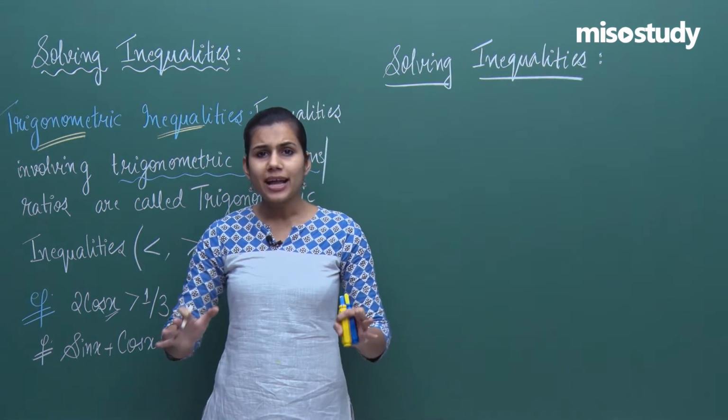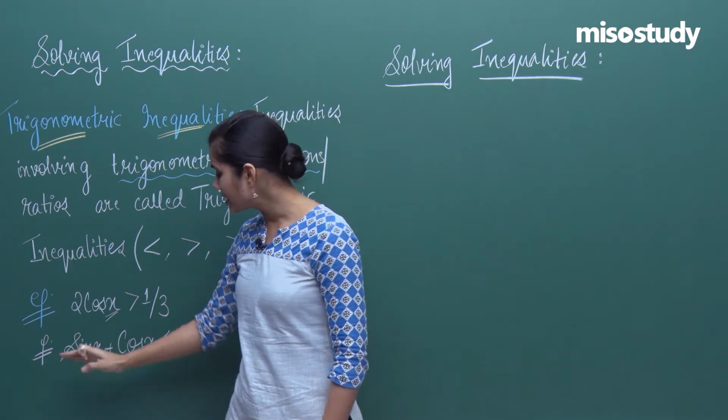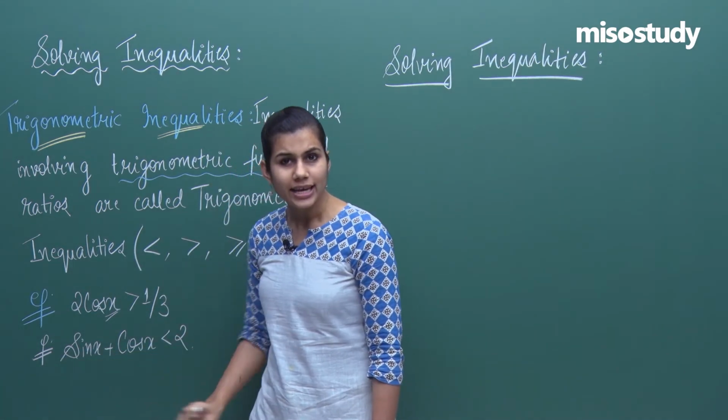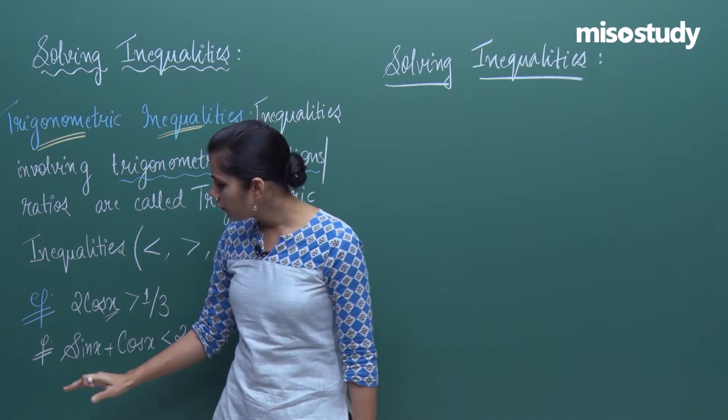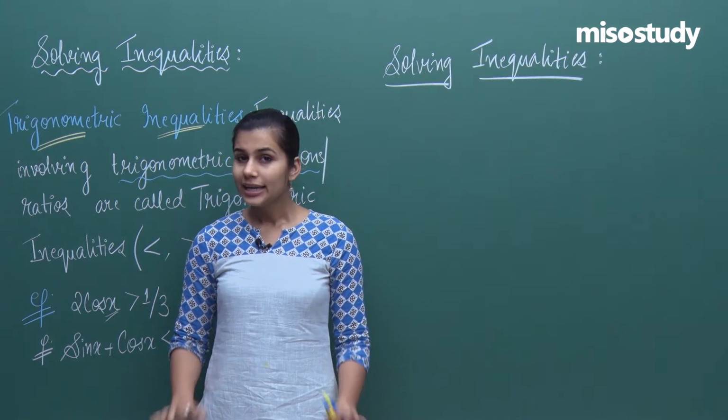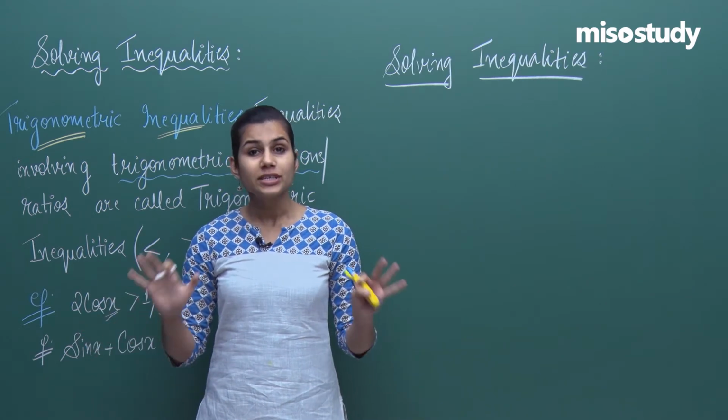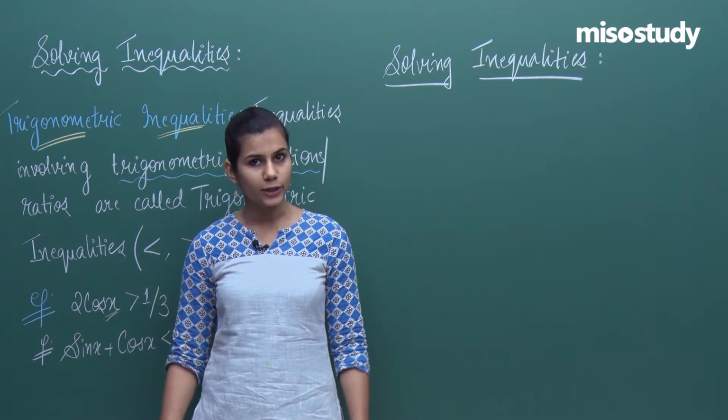Once you collect the values of all such angles which satisfy this inequality, they comprise the entire solution set for this inequality. That is the meaning of solution of a trigonometric inequality.